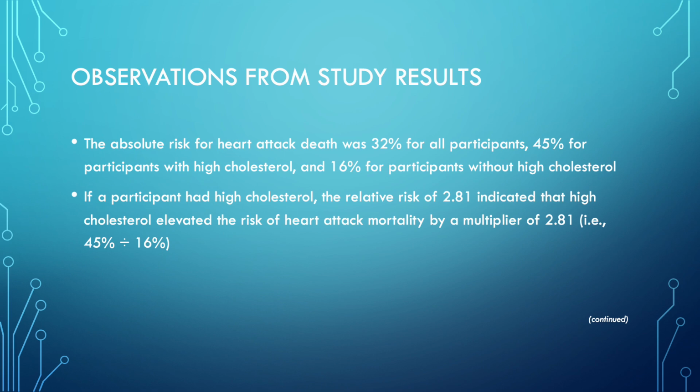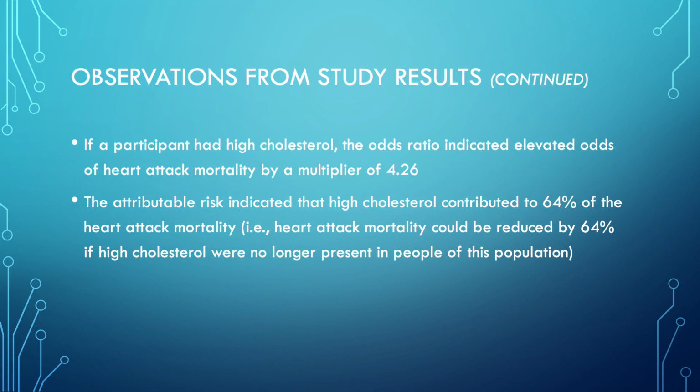Also, if a participant had high cholesterol, the relative risk of 2.81 indicated that high cholesterol elevated the risk of a heart attack by a multiplier of 2.81. So you were 2.81 times more likely to die of a heart attack if you had high cholesterol. So all that data is great, but what does it mean?